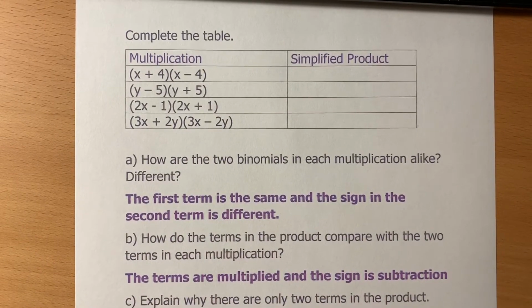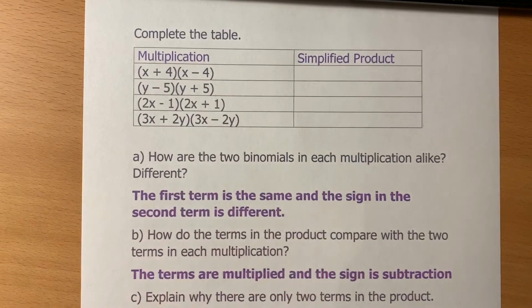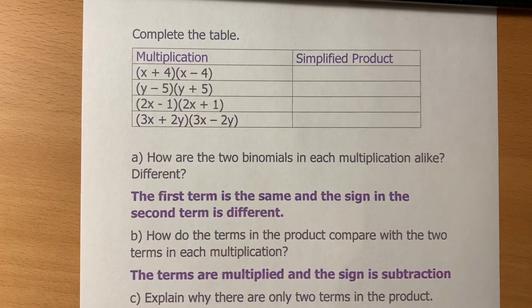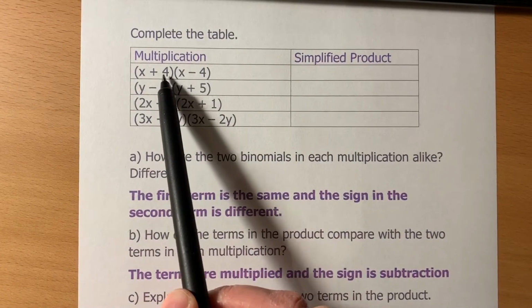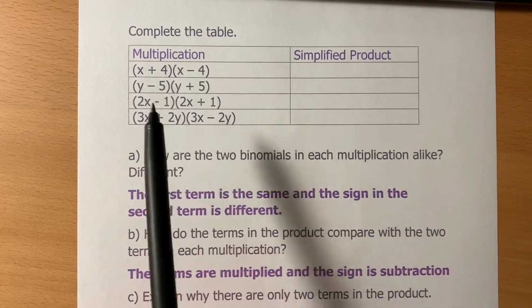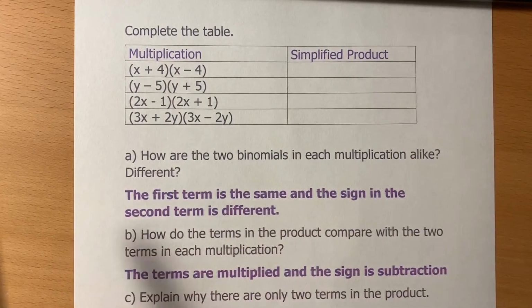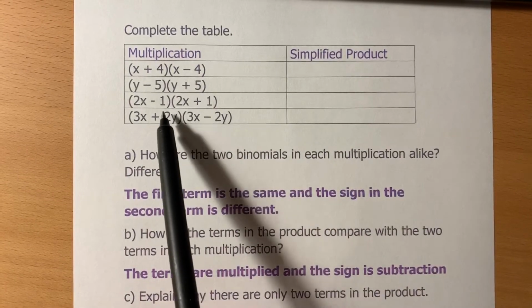The one thing hopefully you noticed is that these x's are the same, okay? And the other thing hopefully you notice is that these numbers are similar, right? One's positive, one's negative. This is negative, this is positive. The order of the positive, negative doesn't matter because order of multiplication doesn't matter.